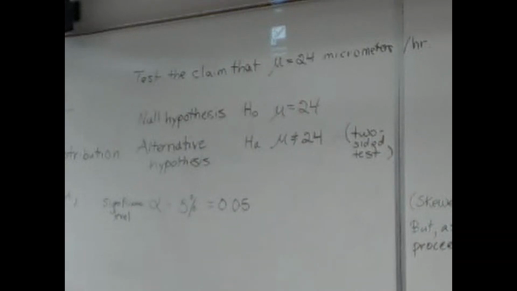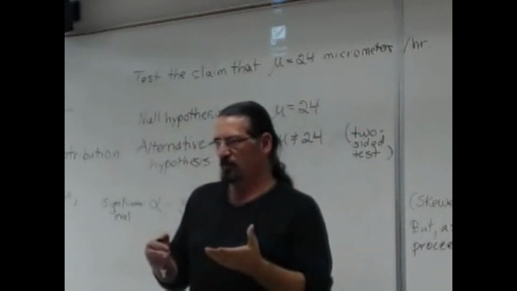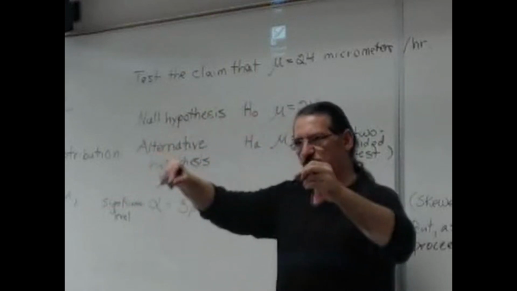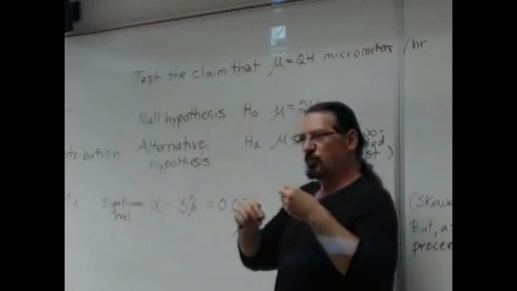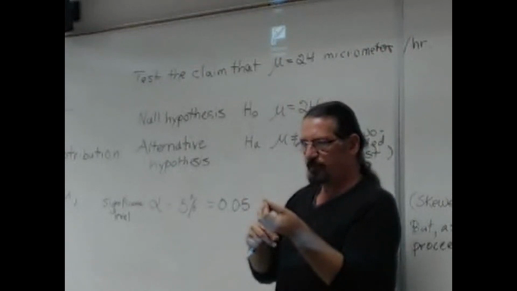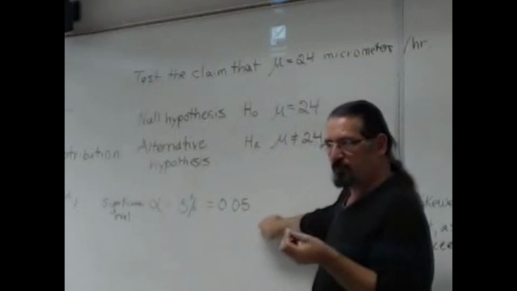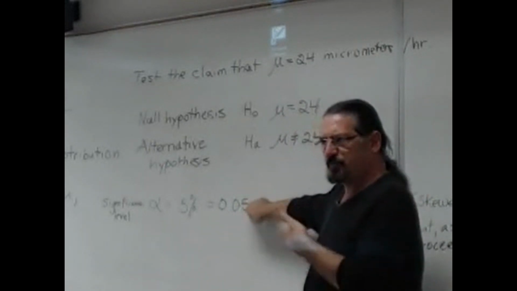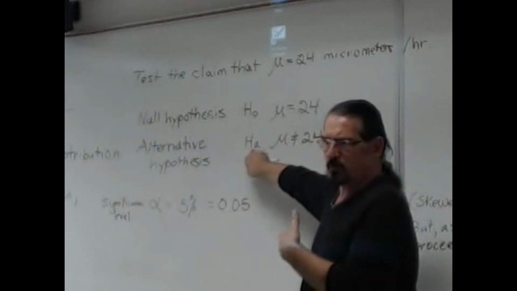how close is that to 24? Well, we can't really tell just by comparing the two numbers, because there are things like, well, what's the spread of this normal distribution? We're going to calculate a z-score here to help us do this test. But when we find the probability of that z-score occurring, if it's bigger than 5%, we're going to say, not good enough evidence to go in this direction.